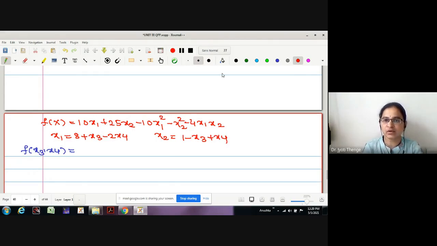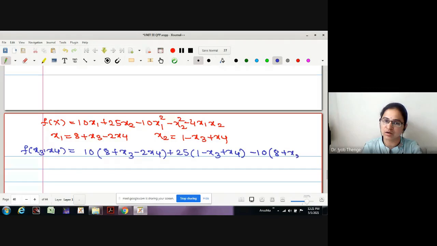Okay. Now let me substitute the value. 10 times x1, which is 8 plus x3 minus 2x4, plus 25 times x2, which is 1 minus x3 plus x4, minus 10 times the bracket 8 plus x3 minus 2x4 squared, minus the bracket 1 minus x3 plus x4 squared.